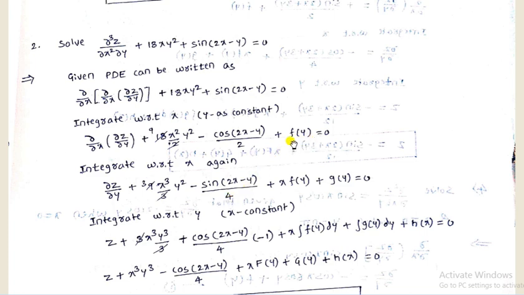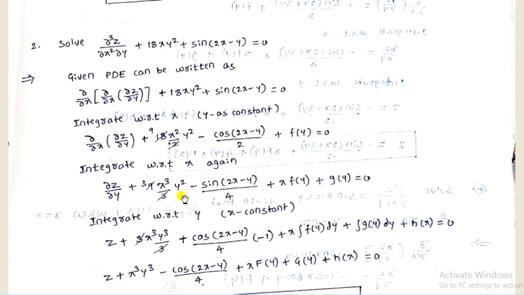And integration of f of y dx is, so f of y is constant, integration of dx becomes x here. So x into f of y, and once again we add g of y here because we integrated 2 times with respect to x. Therefore one time is f of y, second time is g of y.